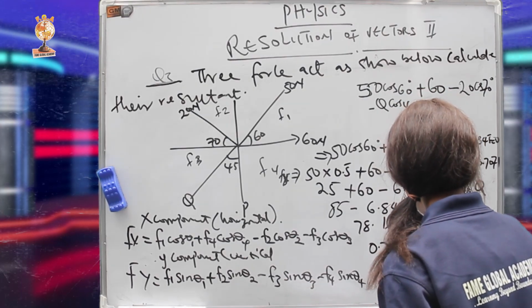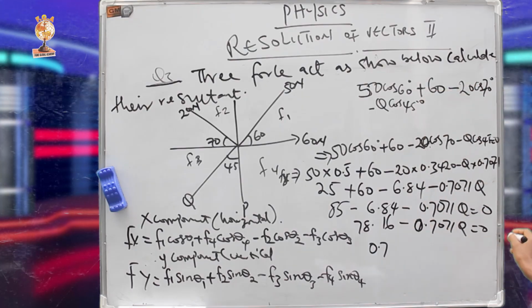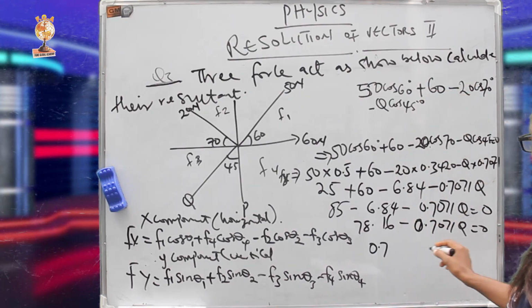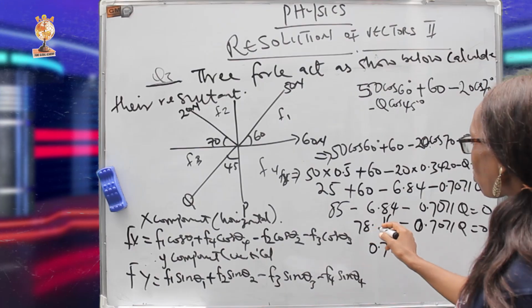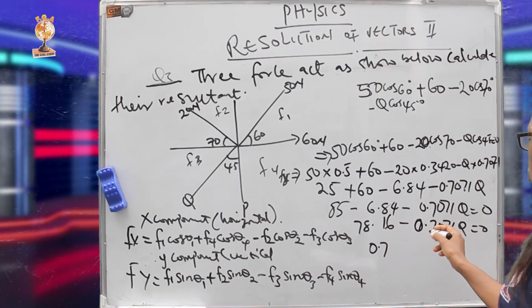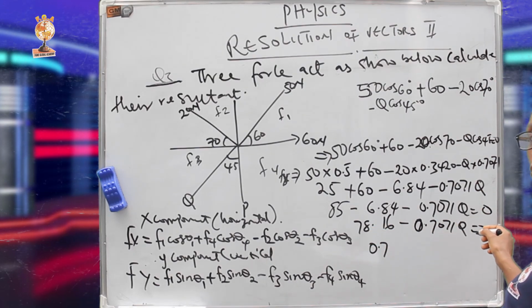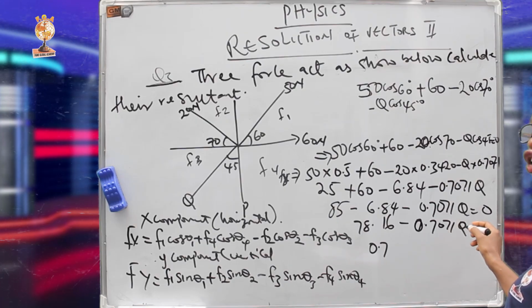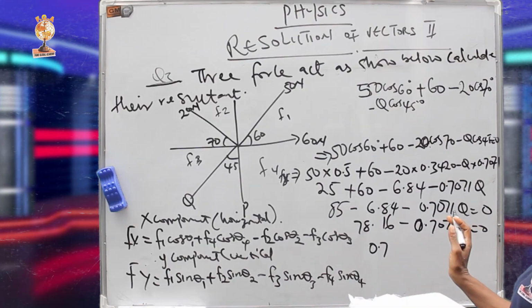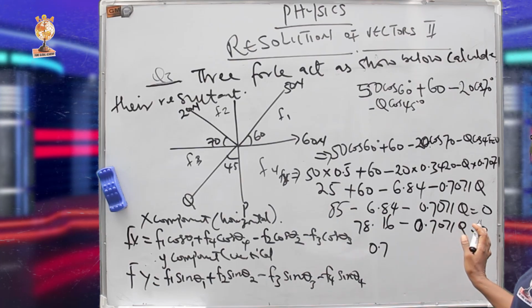If this one goes to the other side, if you cross it over, I won't subtract 78.16 from 0.7071 q. It's only when there is no q there that you cannot subtract, but as long as there is a q, it's a different entity entirely.